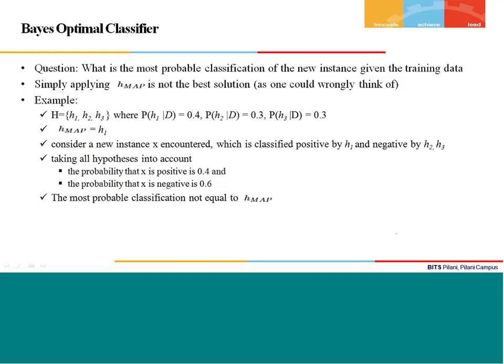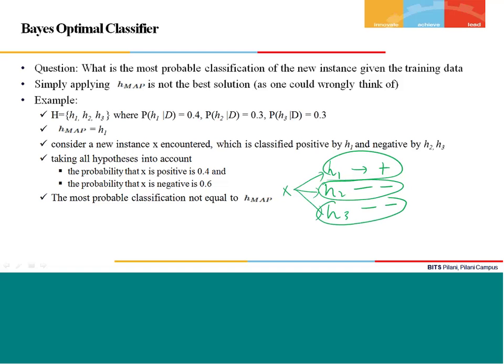For example, let's say some data sample is classified positive by H1, negative by H2, and negative by H3. So there are three hypotheses, and they are classifying it differently. This is my sample. When I feed it to H1, it gives positive. When I feed it to H2, it gives negative. When I feed it to H3, it gives negative. These are the different labels that my different hypotheses are giving.